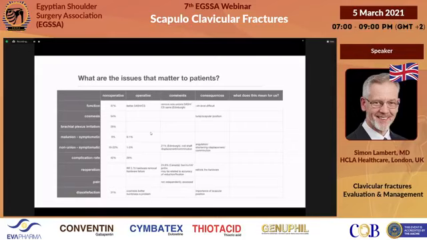It is interesting that in the Edinburgh study of midshaft clavicle fractures with what was called wide displacement, that is more than 2 centimeters of fragmentary displacement, or multifragmentary comminuted fractures, particularly with angulation, shortening, and, as I say, comminution, a fifth of patients had a non-union, which was symptomatic.